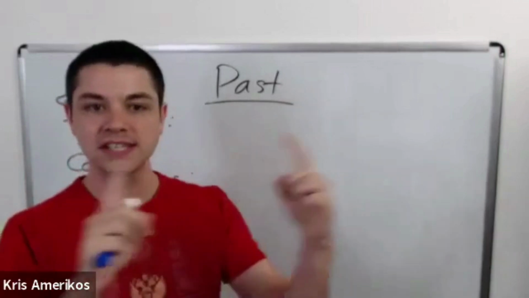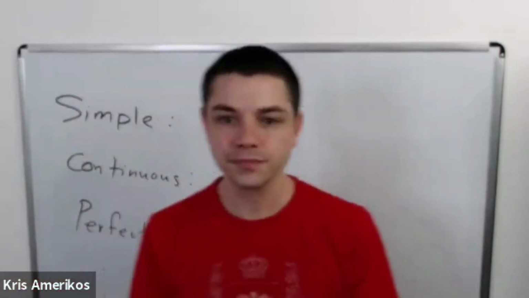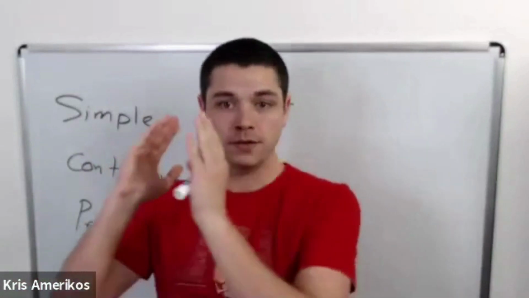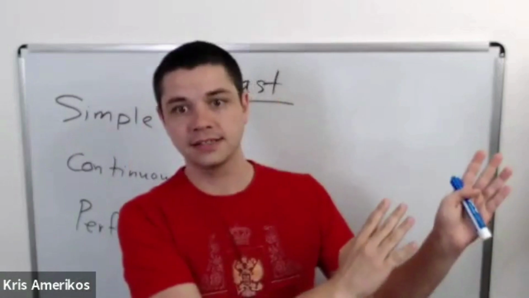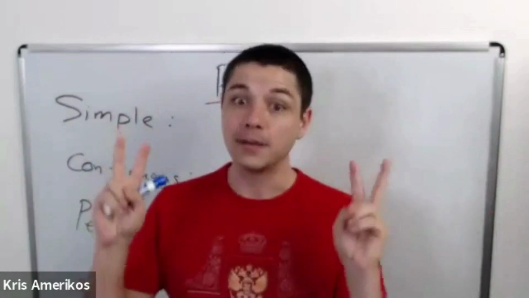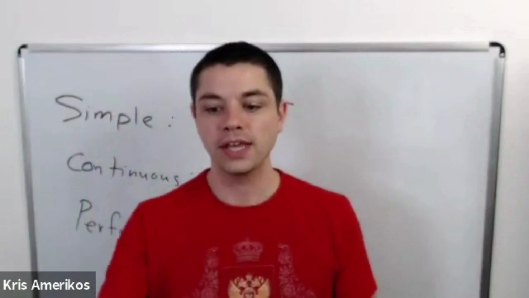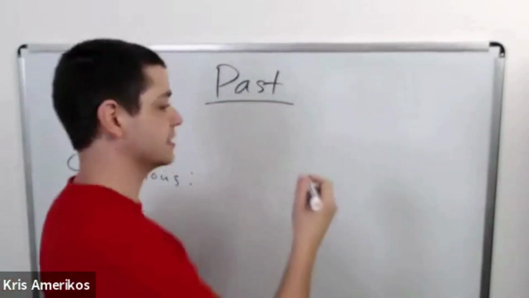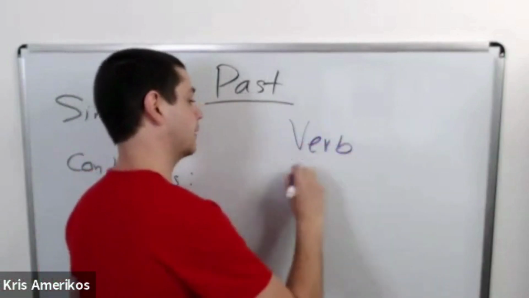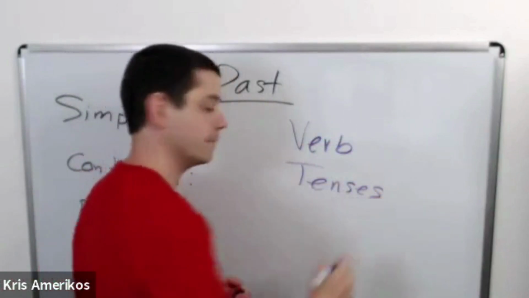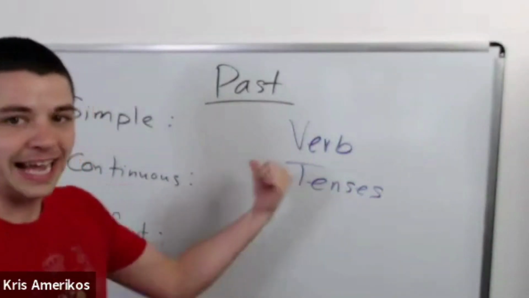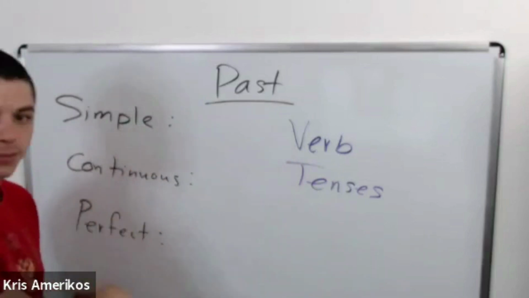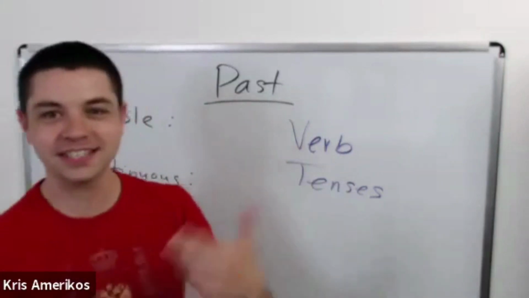How can we think about this in time, right? So we have 3 times that we usually speak about in English: future, present, past. These are times. And then we have different tenses, verb tenses, and that's what these are: past simple, past continuous, past perfect, present simple, present continuous, present perfect.